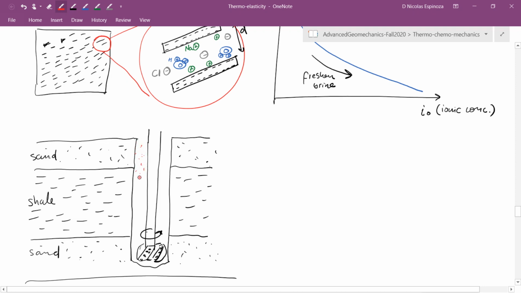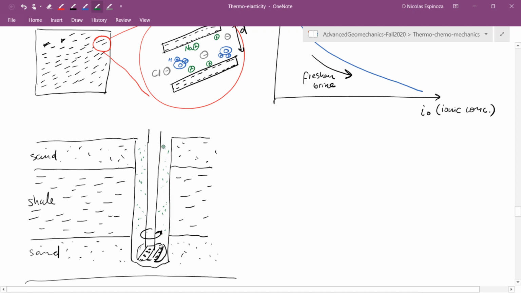The drilling mud is going to be composed of, let me do it with another color, water if we're using a water-based mud, and that mud is going to infiltrate into the formations as we drill through them.